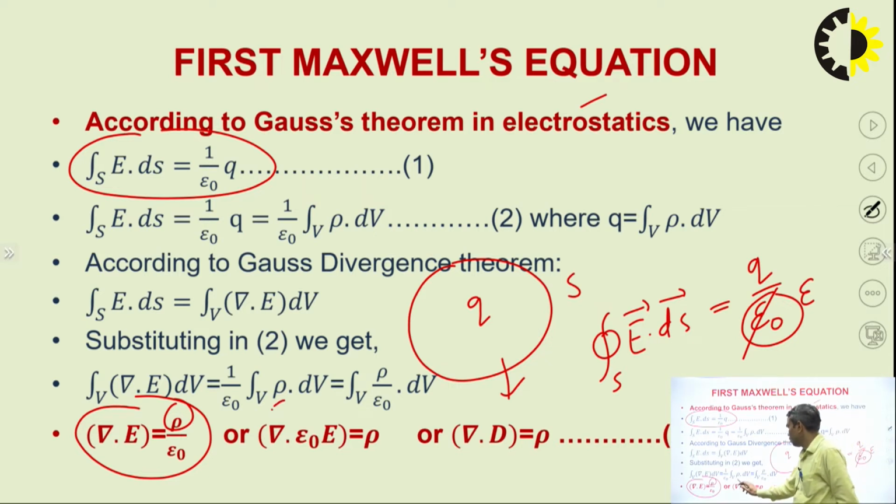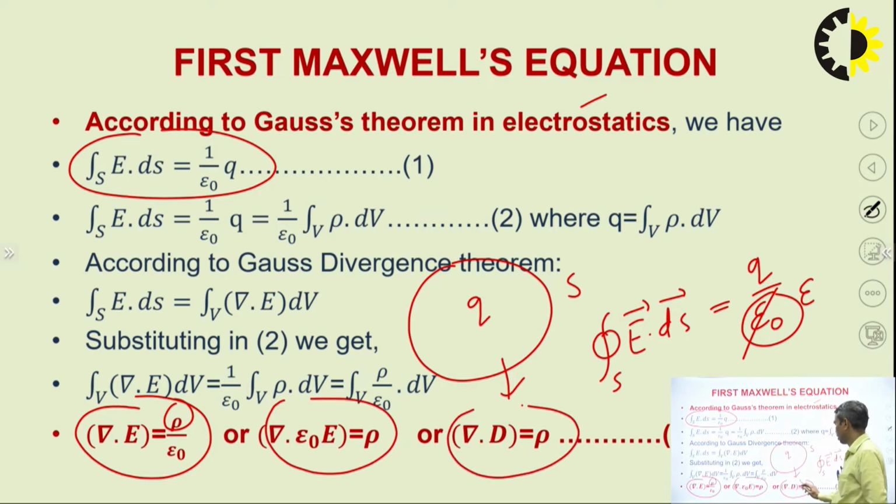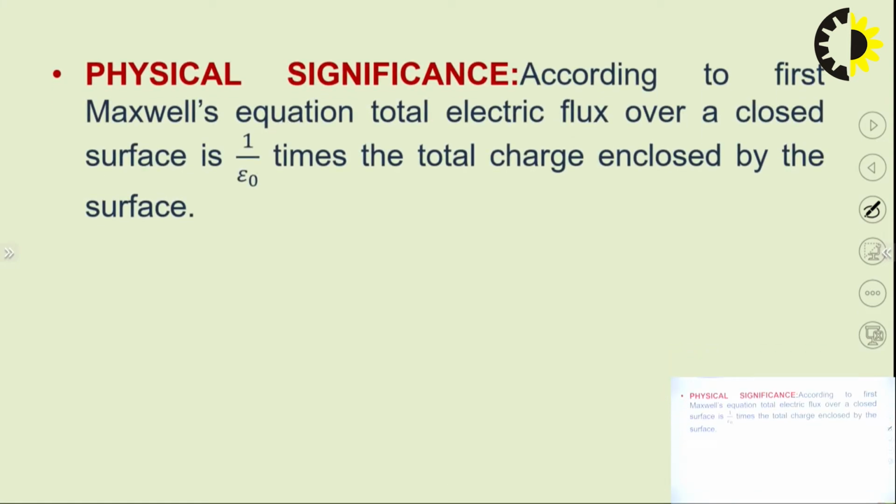We can also convert this equation in terms of the displacement vector D: ∇·D is equal to rho. So either of these two equations is known as the first Maxwell equation in differential form. It is called differential form because partial differentiations are involved in the operator ∂/∂x, ∂/∂y, ∂/∂z.